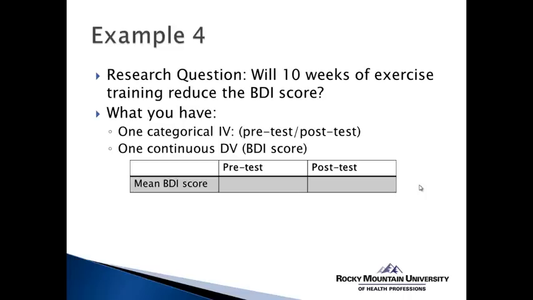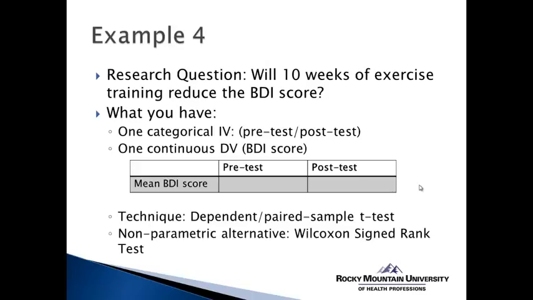In other words, it's the same people being measured twice. So using that criteria, we would choose the dependent or paired sample t-test to compare these two groups of scores. If we didn't meet the assumption of this test, the non-parametric alternative is the Wilcoxon signed rank test.